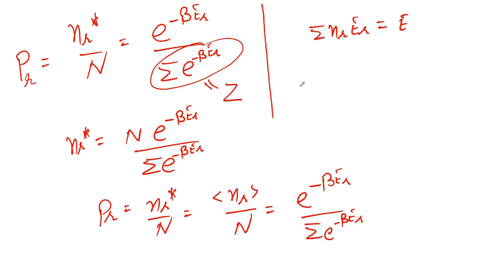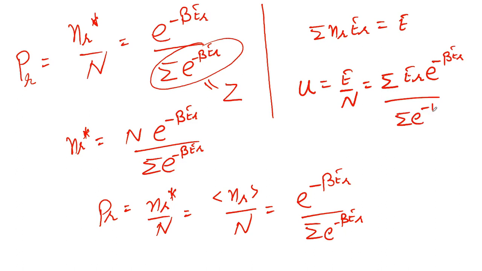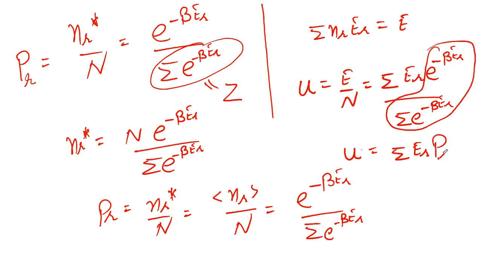And from that we can find the average energy per system, which is E over N. This comes out to be summation of er into exponential of minus beta er over summation of e raised to power minus beta er. We can write this as summation of er into pr, where pr is the probability. So this is the relation between er and pr, and that is very important.